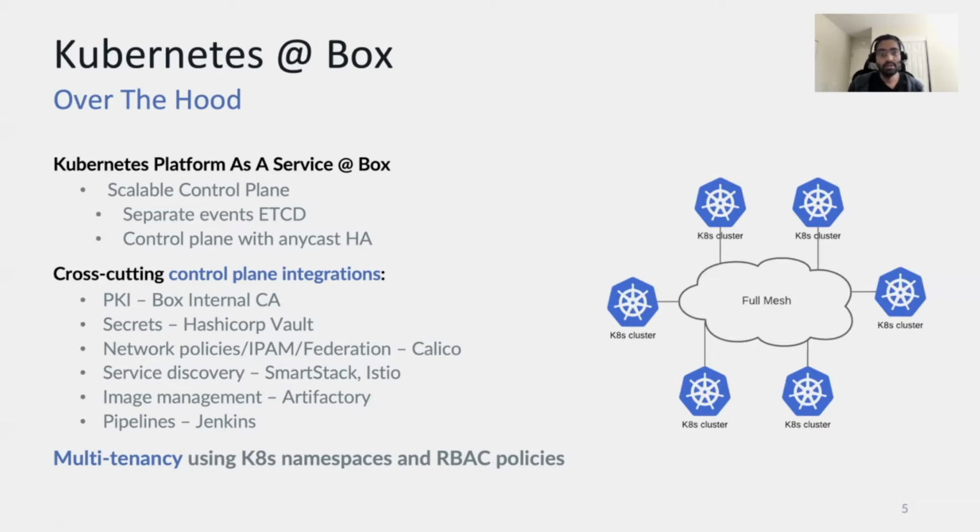On the service discovery side, we have SmartStack, which provides client-side load balancing. There's no ingress controller here. The client-side load balancing allows each pod to discover and load balance traffic, both north-south and east-west, within the cluster and across Kubernetes clusters.